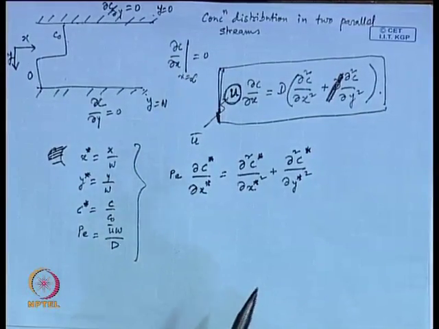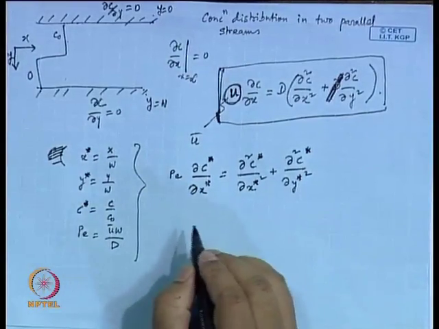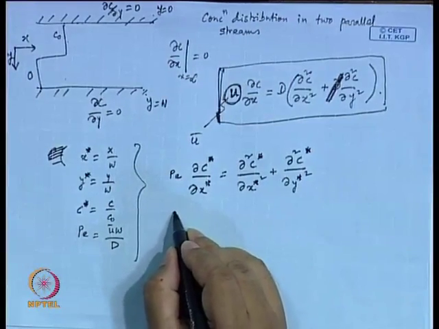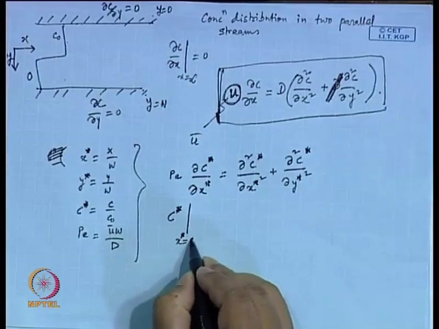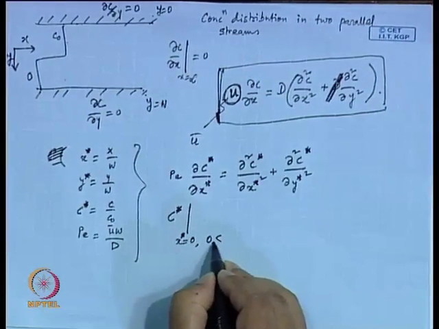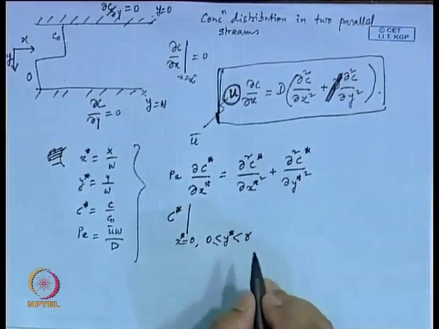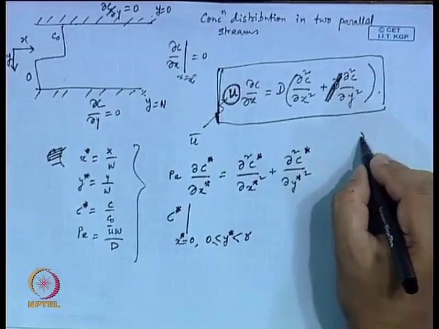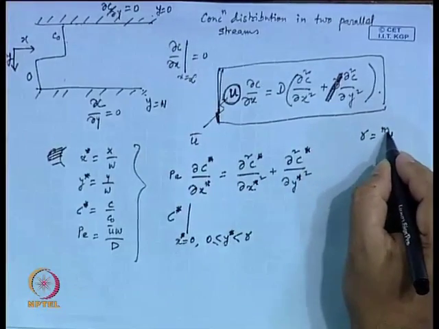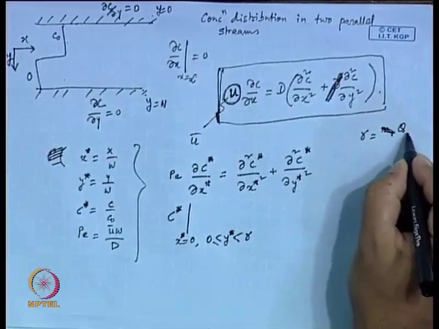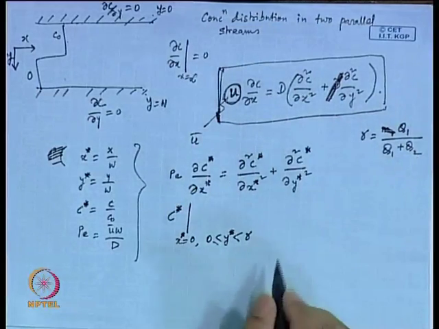So, this is what you have, and then if you try to write the boundary conditions now, the boundary conditions would be c star at x star is equal to 0 and y star in between 0 and gamma. What is gamma now? Gamma is equal to m1, or you can write this as q1 divided by q1 plus q2, that same way that we have defined earlier.